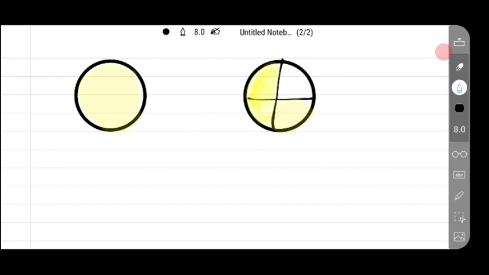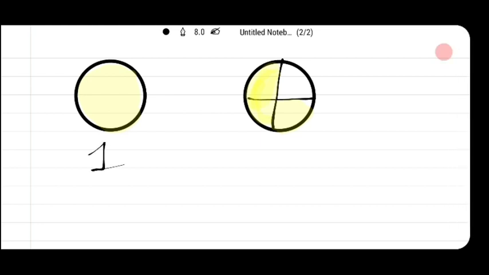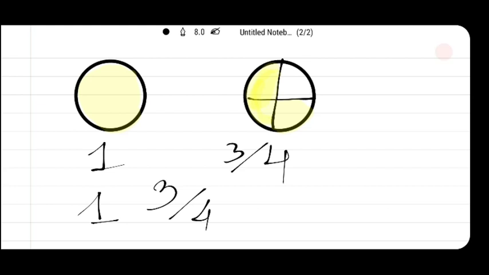So now how many parts of the first circle are shaded? The whole, that means 1, and in the second circle it is 3 upon 4. So the total fraction of circle that is shaded is 1 whole 3 upon 4. It is a mixed fraction.